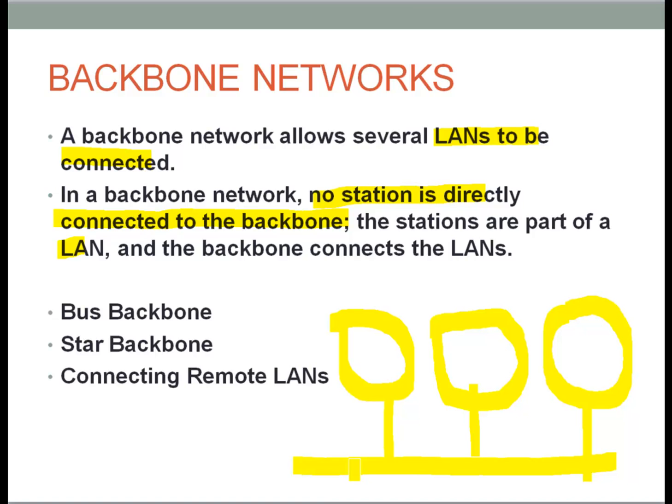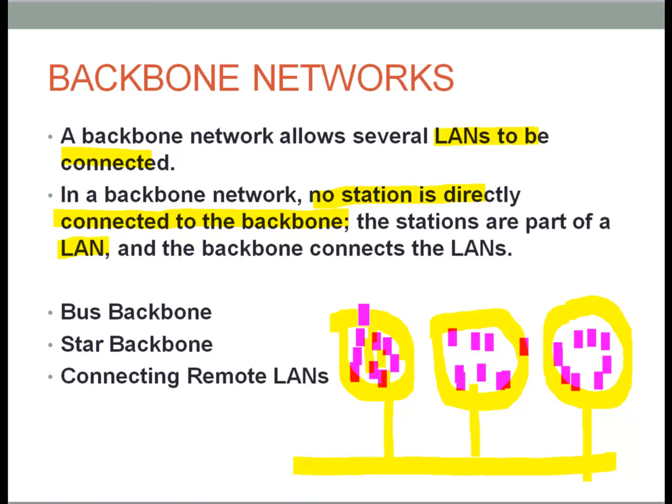A backbone network is used to connect networks, not the PCs or individual stations. The stations are part of the local area network, and inside each one you can have any number of computers. This is local area network 1, local area network 2, local area network 3.